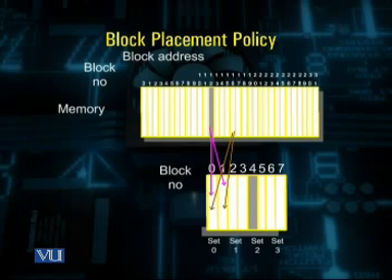For example, as you can see here, we are using a two-way set associative mapped cache which has 4 sets numbered as set 0, set 1, set 2, and set 3. Here, each set consists of 2 blocks.